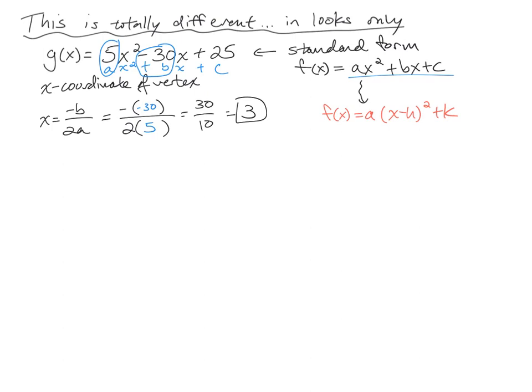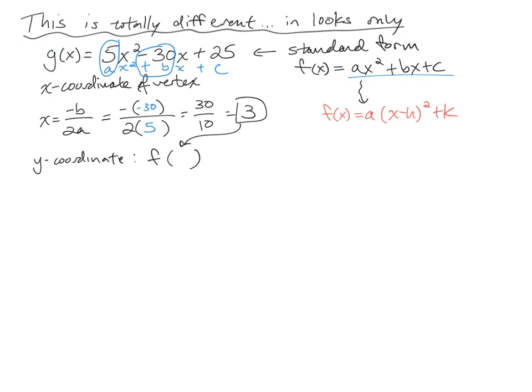I hear you all asking out there, that's only half of it? How do we find the other half? Well, we just have to remember that the y-coordinate is what you get when you put the x-coordinate into a function. So I used f here because that's generally the name we use. So we have to just take the x-coordinate and put it back into the function, which in this case is called g.